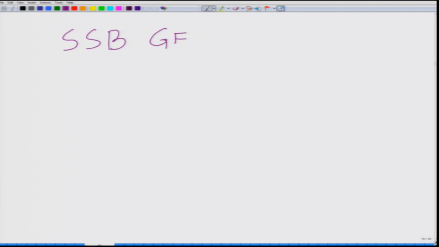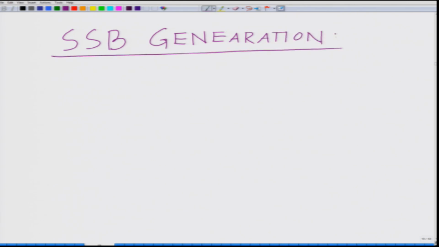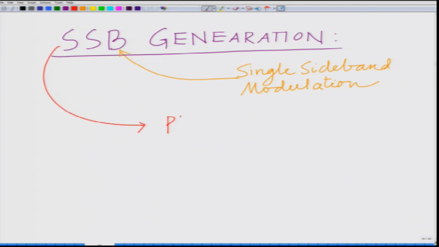We have already looked at SSB generation using frequency shifting, and let me remind you once again, SSB stands for single sideband modulation, and we are going to look at SSB generation employing the phase shift.